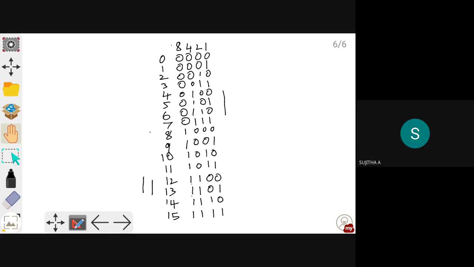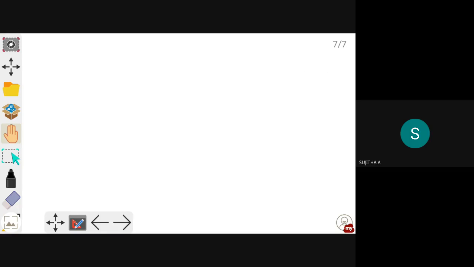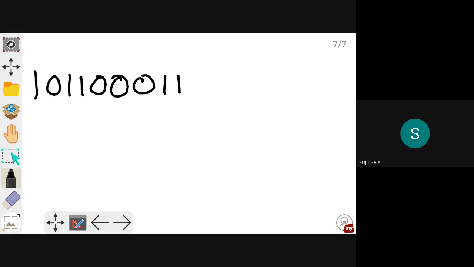For example, you take the binary value 1 0 1 1 0 0 0 1 1 . 1 1 0 0 1.